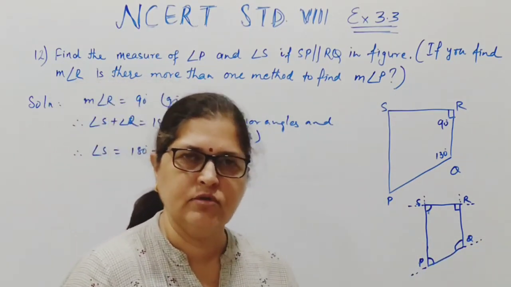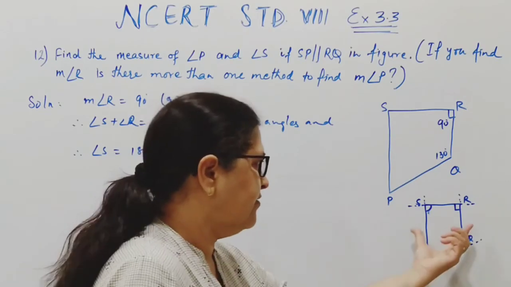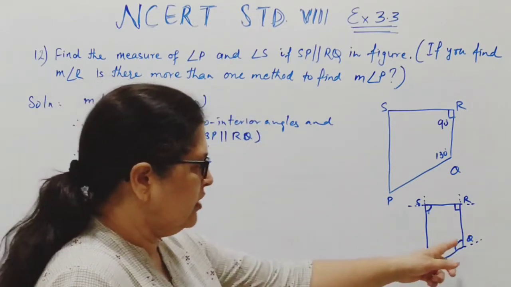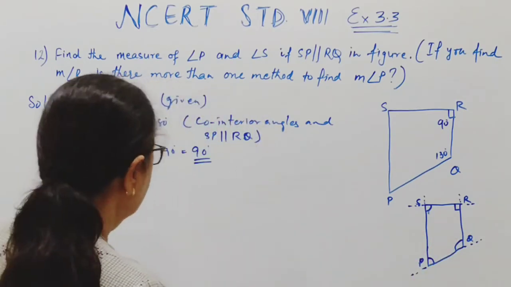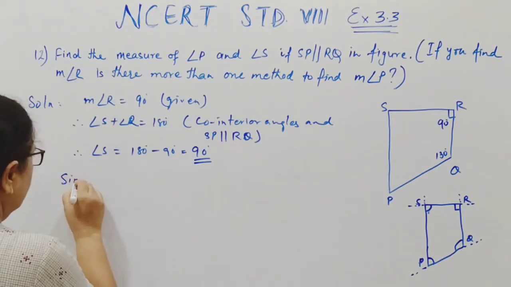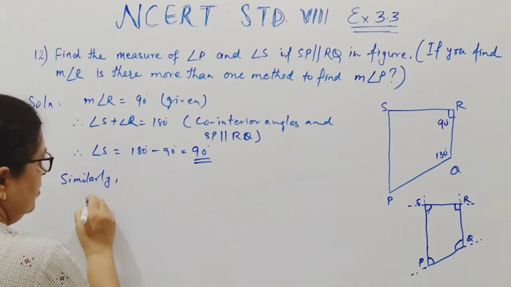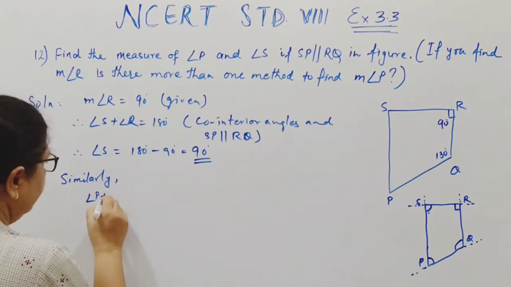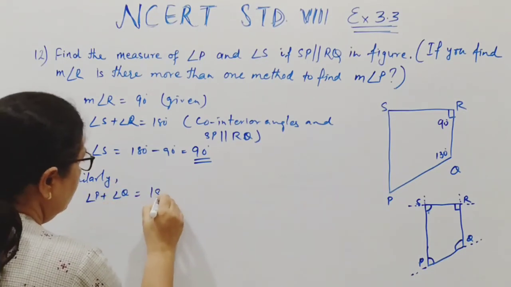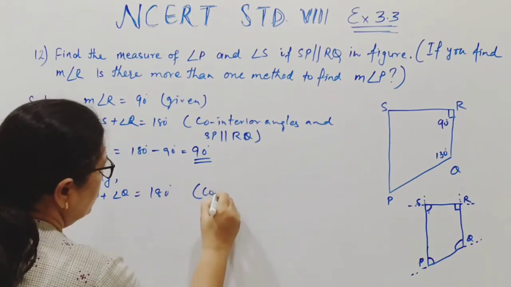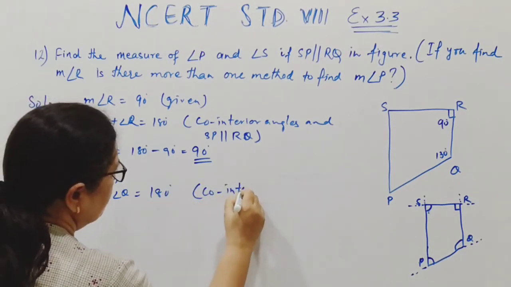So their sum is also 180 degrees. Since these two lines are parallel, so co-interior angles are supplementary. Similarly, angle P plus angle Q is equal to 180 degree, co-interior angles.